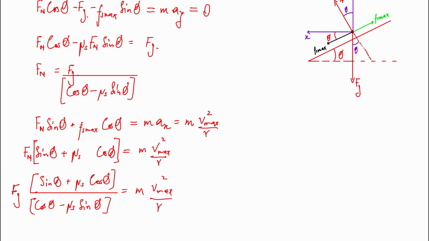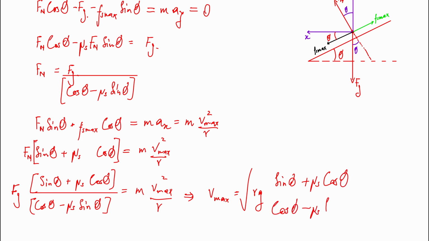And I believe from this point on you should be able to conclude that v max is going to be the square root of r times g times sine theta plus mu s cos theta divided by cos theta minus mu s sine theta, all under one square root.